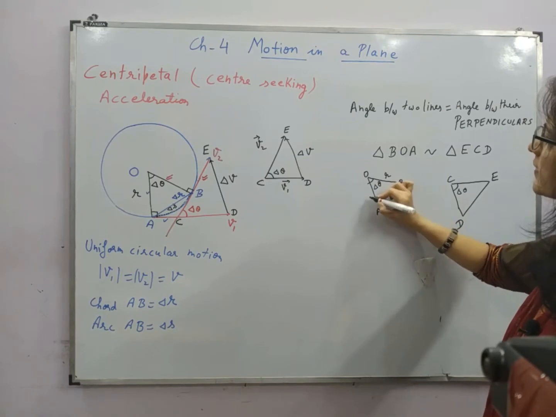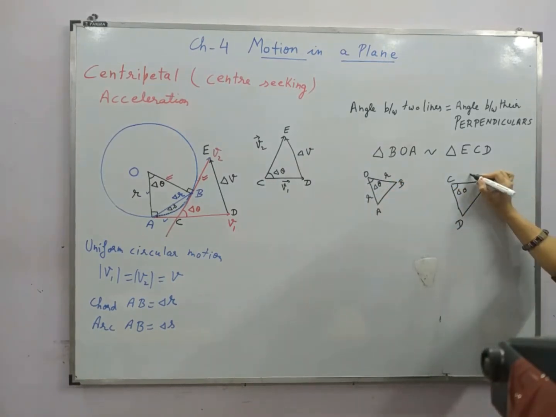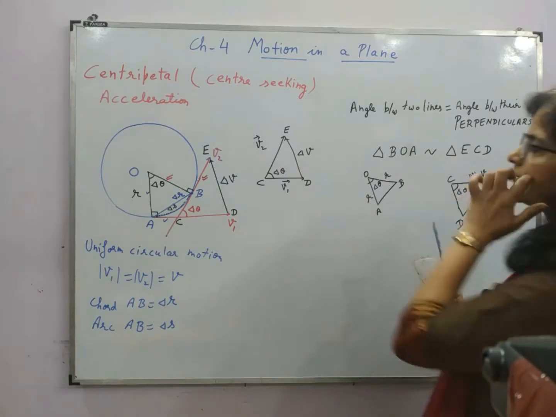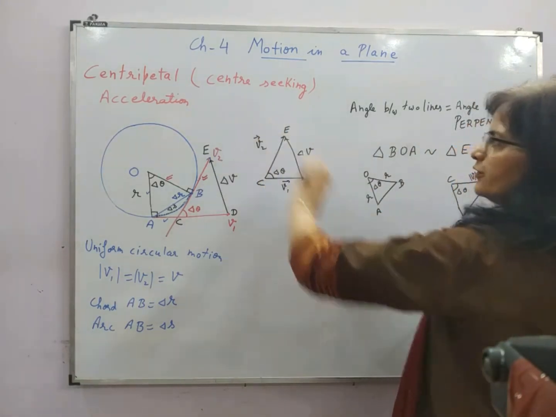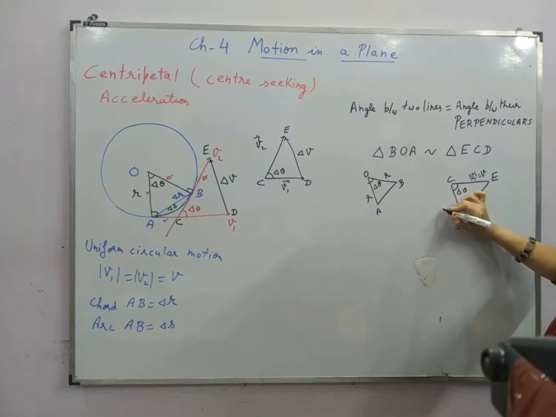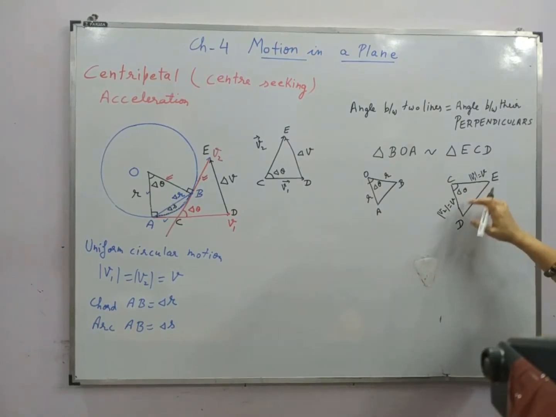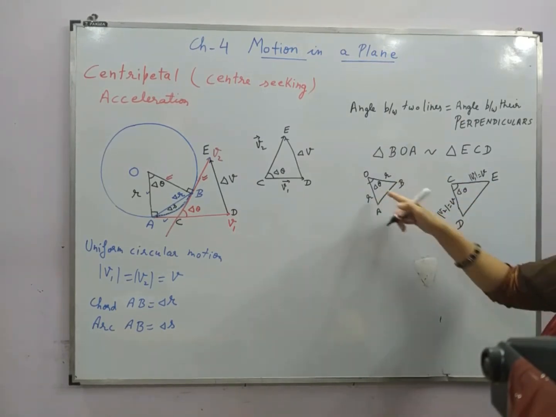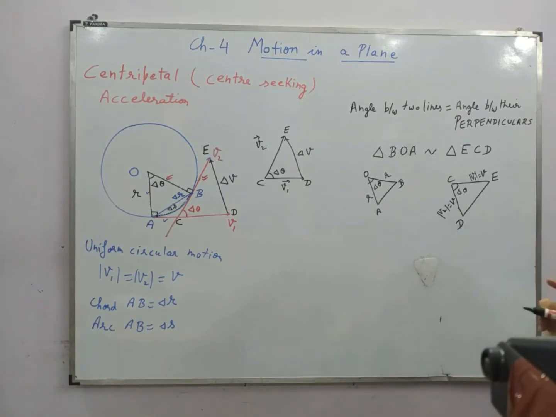This is R, and here this is the magnitude of V1, that is V. If I'm marking this as the V2 vector, this length will give me the magnitude, which is also V. So this is an isosceles triangle, and this is also an isosceles triangle. The angle is the same, so these will be similar.